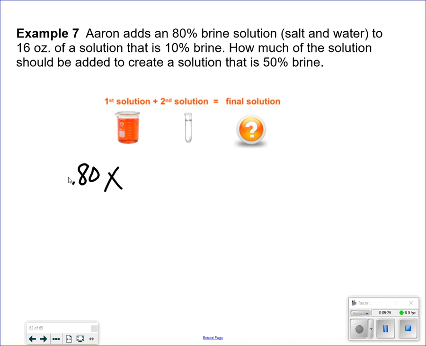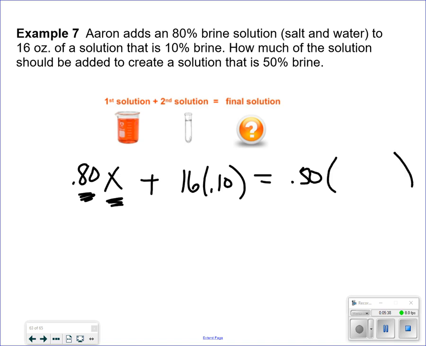So the percentage and how much you have, plus 16 ounces of a 10% solution, and I want to get a solution that's 50%. Now, how much of it do I have? I have X plus 16. So notice the 16 ounces, X ounces.